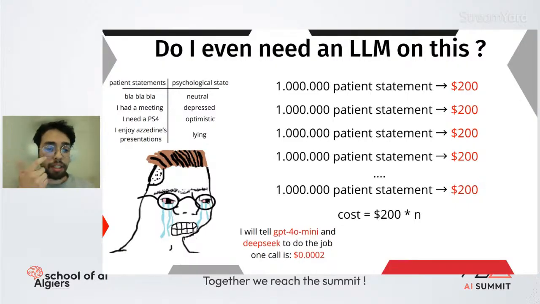N can be the number of processes using your classifier inside your system, or it can also be the number of clients that are using your system. So the cost, even when you are using the cheapest LLM in the market, will fly.